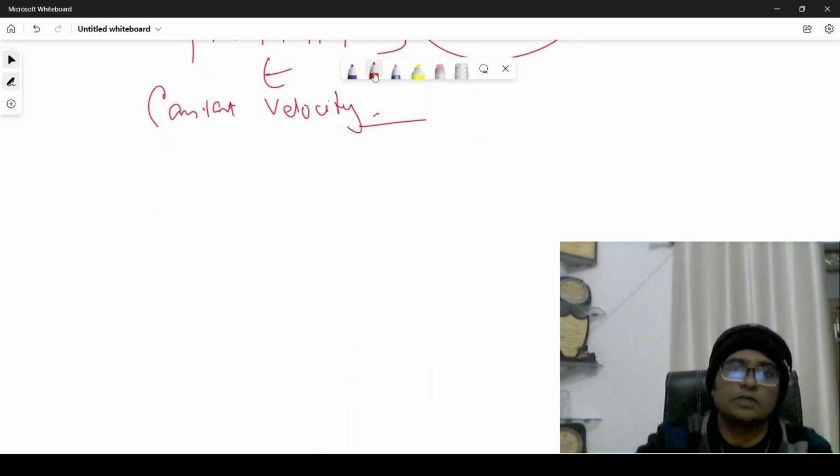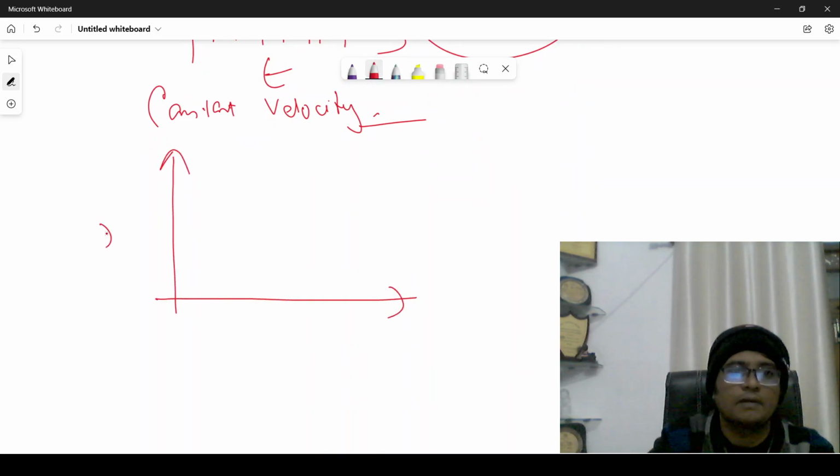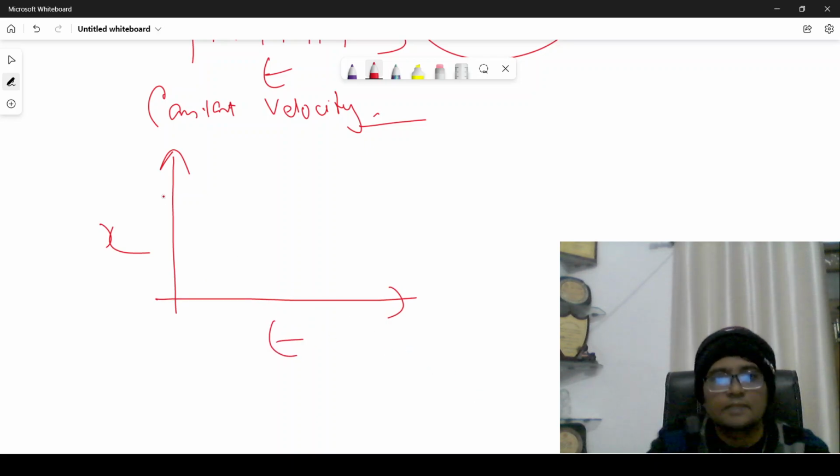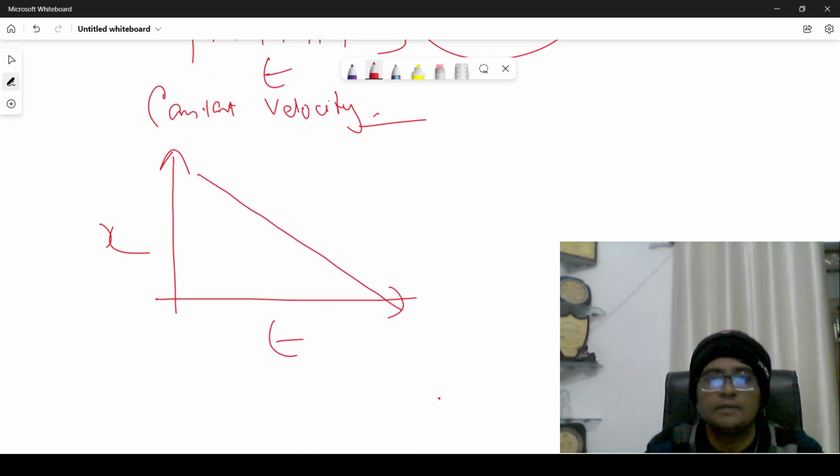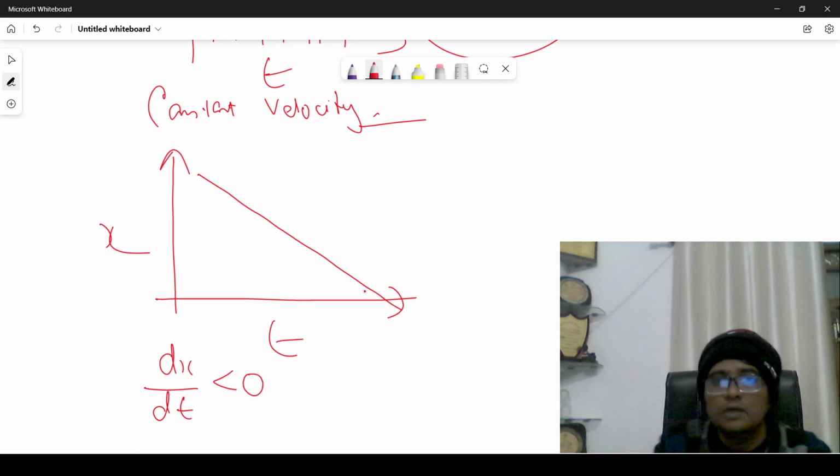Now suppose if I have got a graph like this, x and t. The graph is like this. dx by dt is what? Is it less than 0? How? See, we always used to take the angle in the positive anti-clockwise direction, right? This is your angle theta.